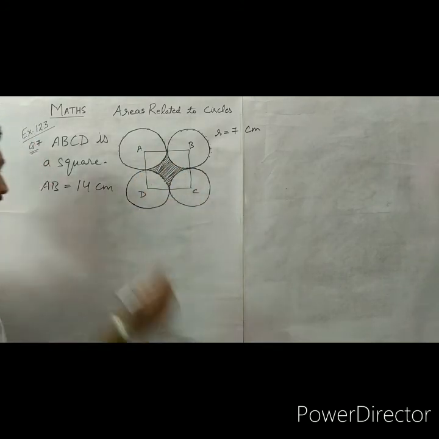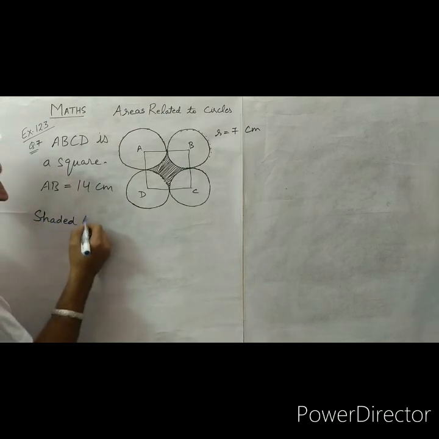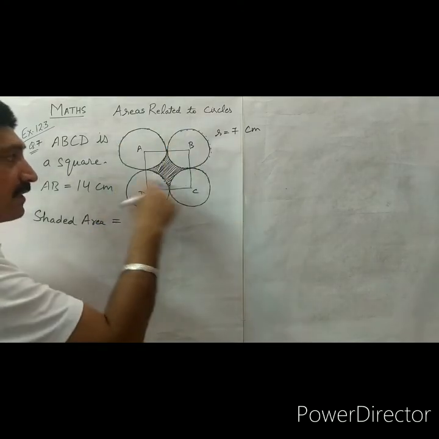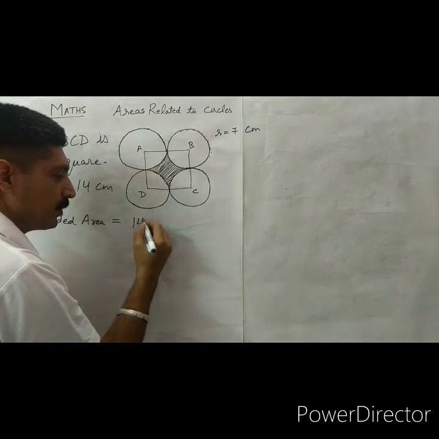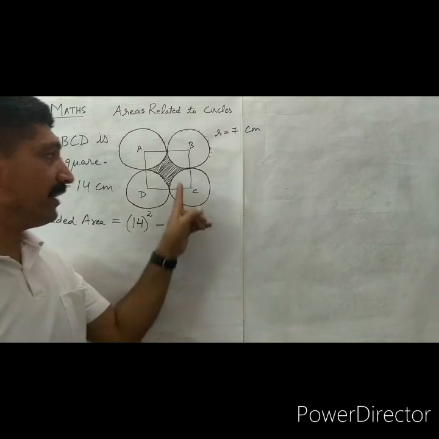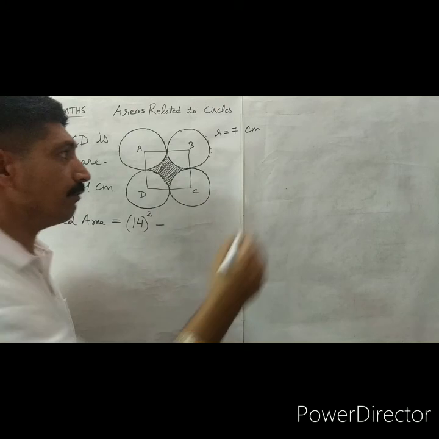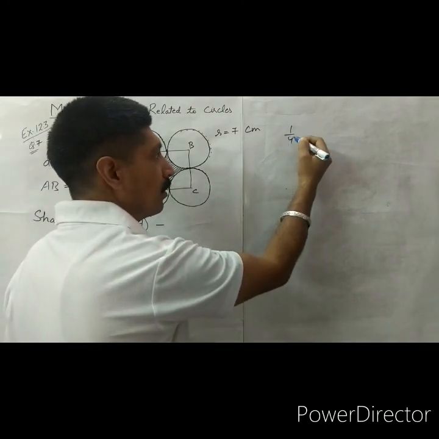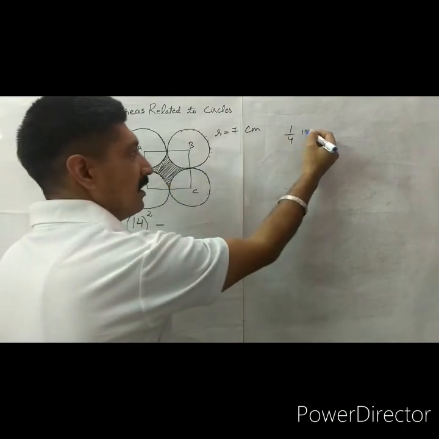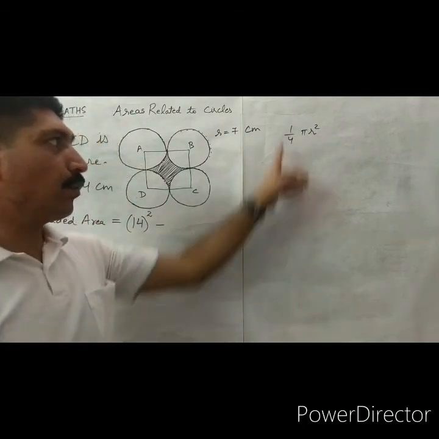So in this case, our shaded area is equal to the area of the square, that is side into side, minus, when we add all these four quadrants, each quadrant is 1/4 of the circle, because theta is 90 upon 360, which is 1/4.